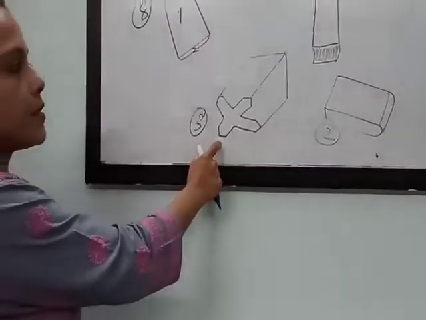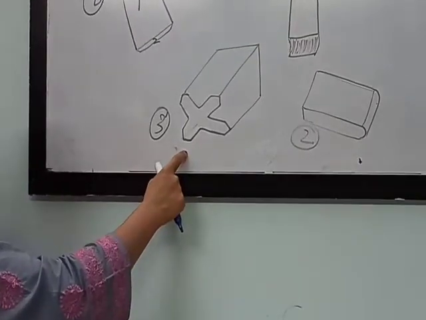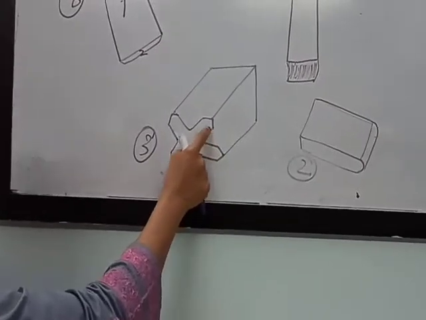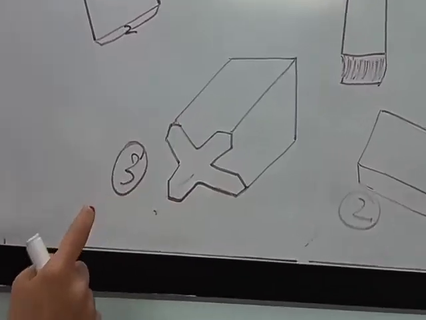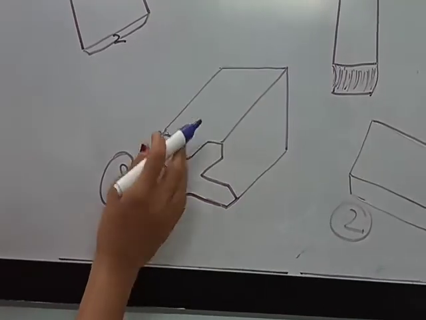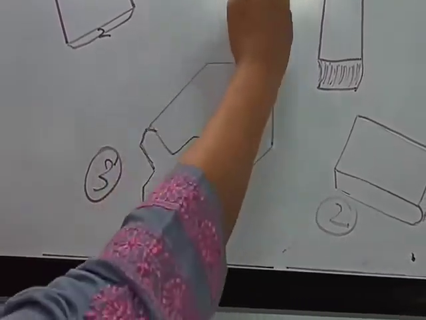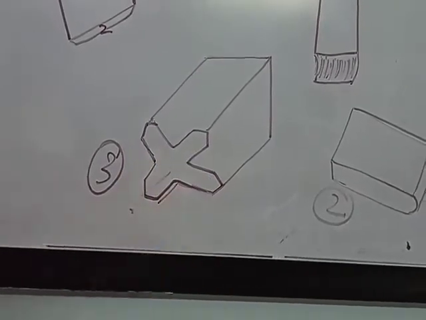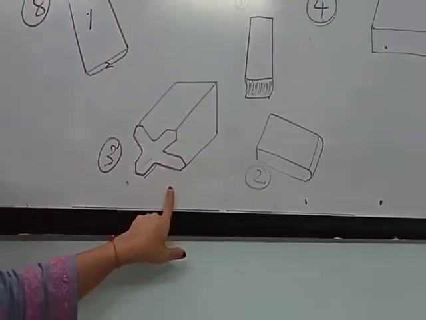Look at here. See, this is the third brick, right? Now look at the shape. Can you see the faces like this? See, it has more than 6. 1, 2, 3, 4. This one is 5, 6, 7. So more than 6 faces are there in this type of brick.